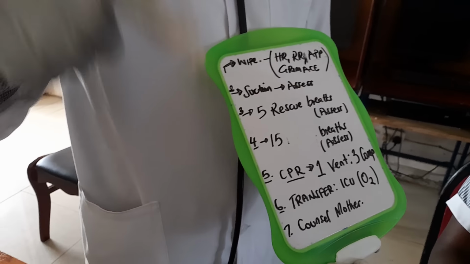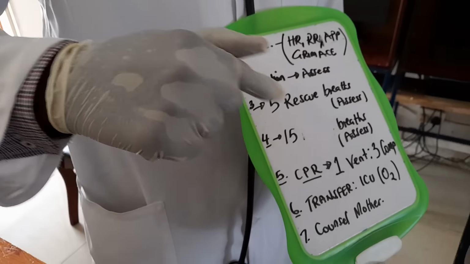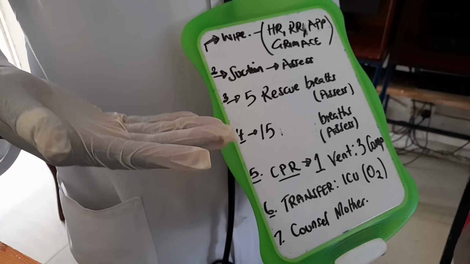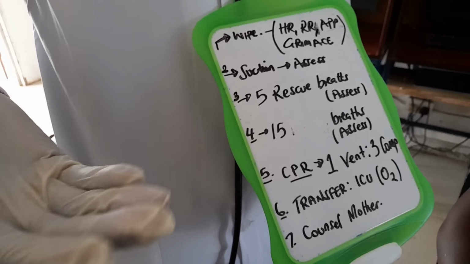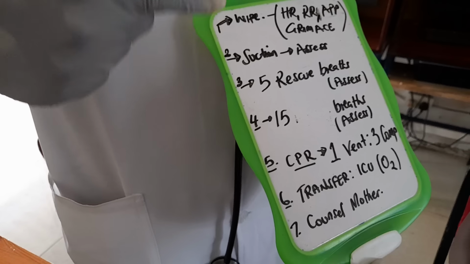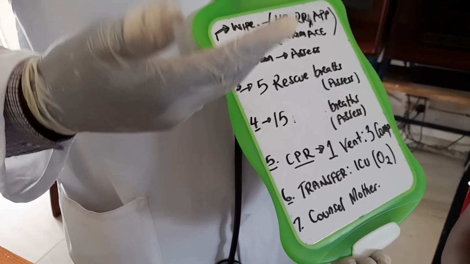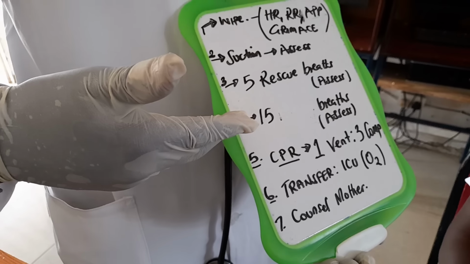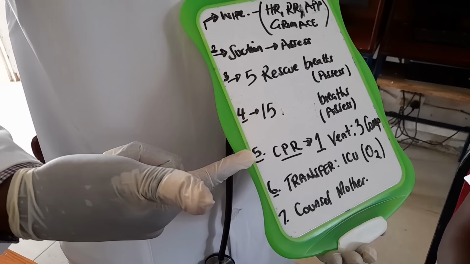When you suction, you start with the mouth, followed by the nostrils. You do that, then assess, and if there is no satisfactory result, you go to the 5 rescue breaths. After you give 5, you reassess. If the result is not satisfactory, you go to the 15 breaths. If there are no satisfactory results after assessment, you go to CPR.